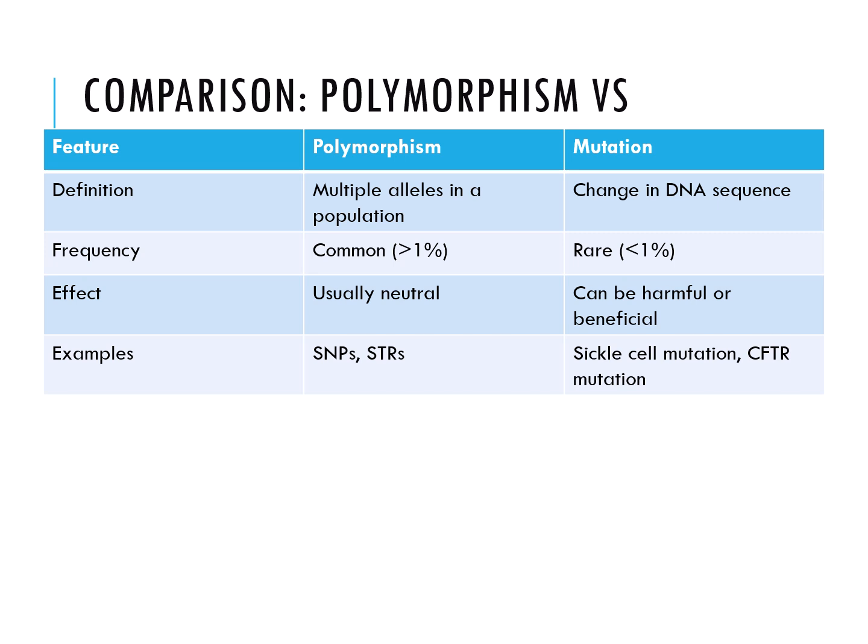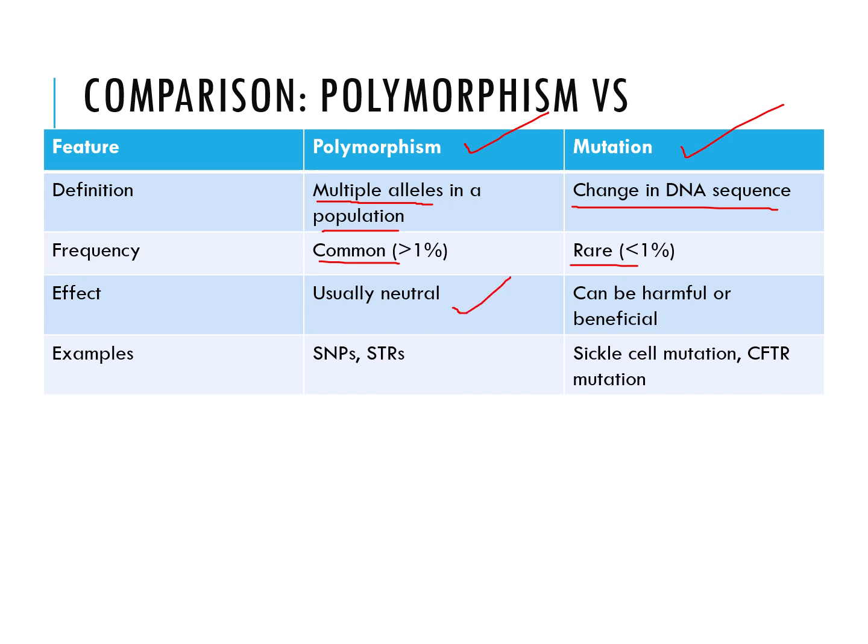This table clearly indicates the differences between polymorphism and mutation. Definition: polymorphisms are multiple alleles which are present in a population. Mutation is a change in DNA sequence. Polymorphism is more common when compared to mutation.